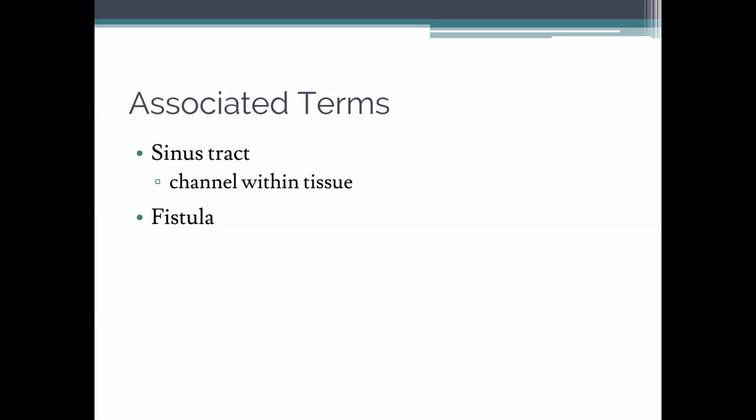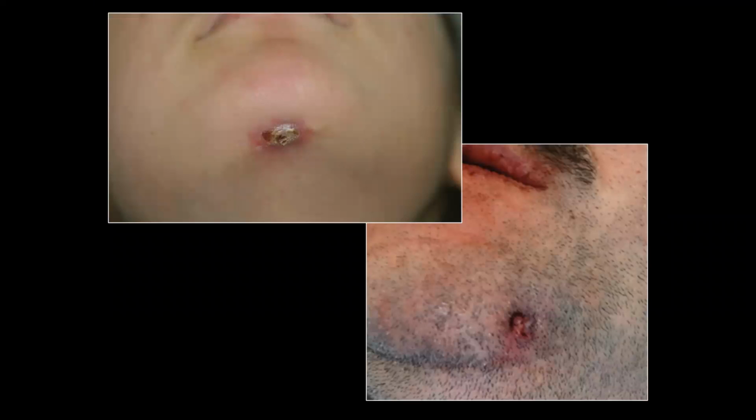That's a sinus tract. The fistula is the outside opening. All right. So imagine a straw going from the apex through the bone to the soft tissue. All right. That's what you are seeing when we talk about fistula and sinus tract.